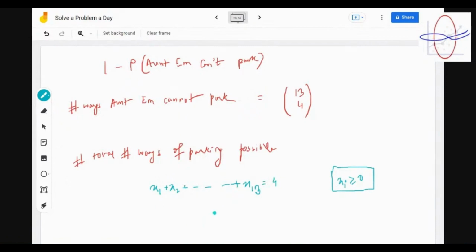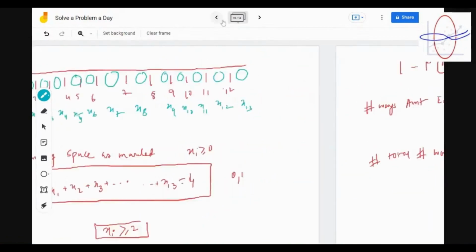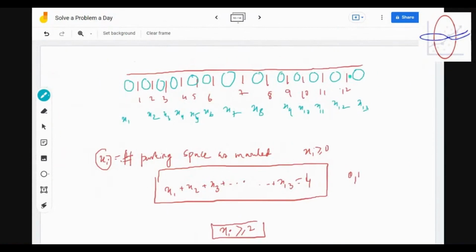You can easily understand how many ways the cars can park here.